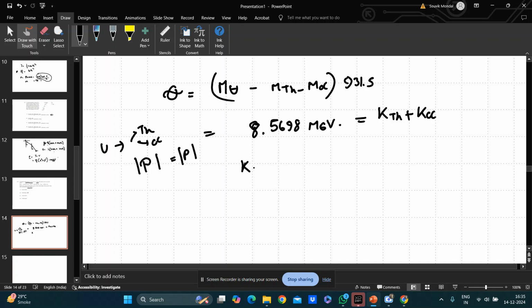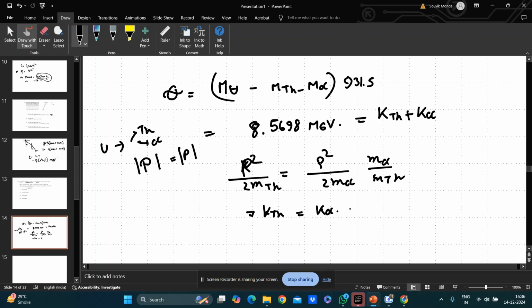P squared by 2m thorium is equal to P squared by 2m alpha into m alpha by m thorium, so K alpha divided by 4 equals 55, so K alpha will be 55 by 56 into the Q value.